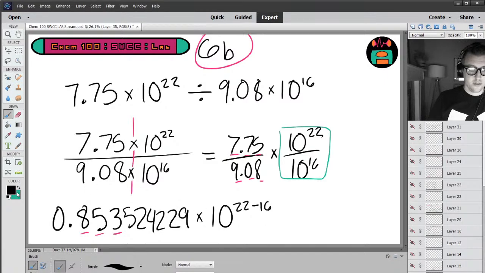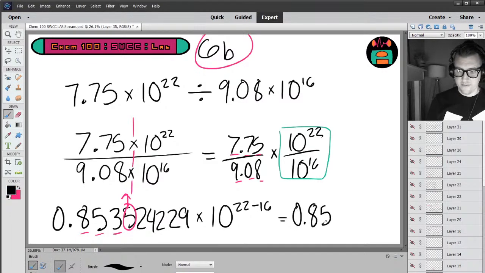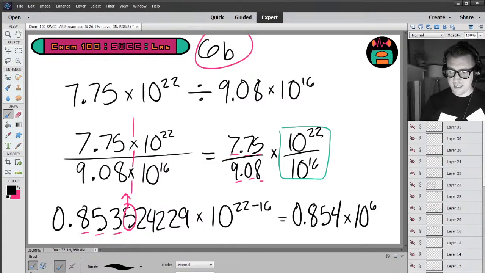So when I round this to 3 sig figs, this 5 rounds up. So this would be 0.854 times 10 to the 22 minus 16, which is 6.